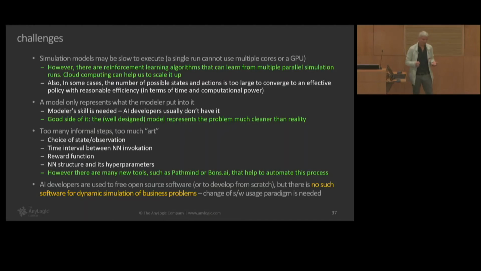But if my AI is to control, I don't know, a supply chain, it's not possible to create a meaningful model of a supply chain in Python in any reasonable time frame. So the only environments where you can really develop such models are proprietary simulation software tools.